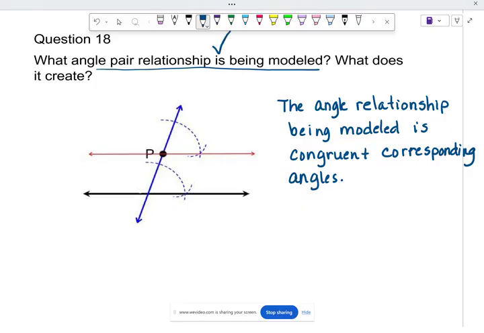Check. Okay, look, this angle slides and matches up. They definitely are corresponding angles. And the construction was congruent angles.